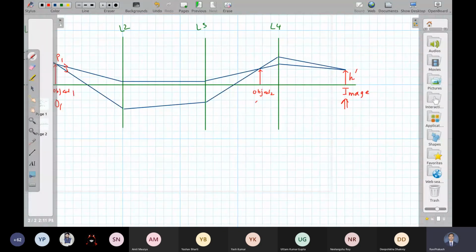What will you see here? We will see images of all the objects overlapping. As long as these lenses do not have any aberrations, you will see 3 overlapping images, and all 3 images are quite sharp. Without aberrations, you will get 3 sharp images overlapping each other.